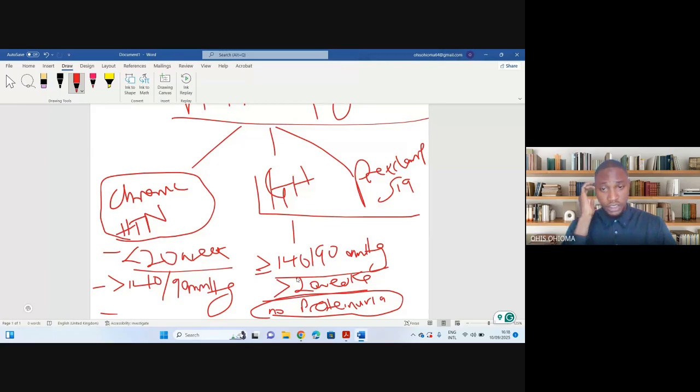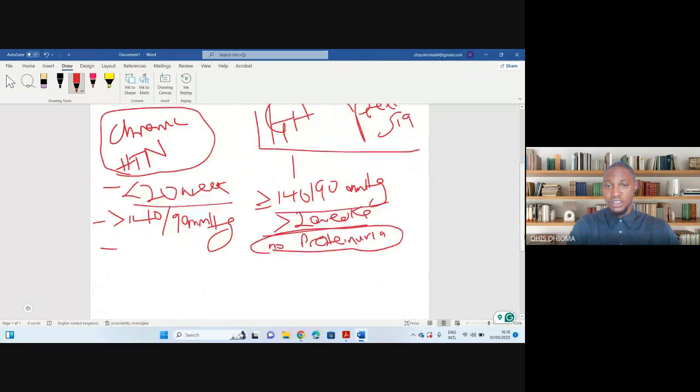There's no end organ damage, but this patient was noticed to have sustained elevated blood pressure of greater than 140/90. The first time you checked the patient, it was greater than 20 weeks. So this woman was not proteinuric or hypertensive previously.